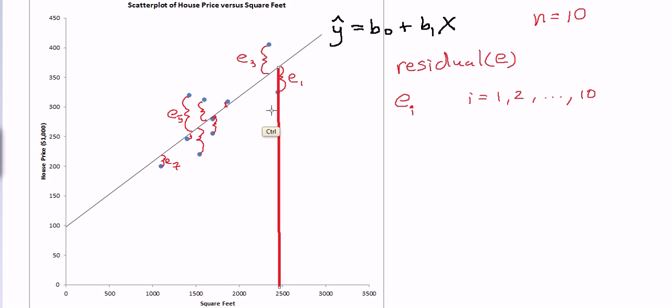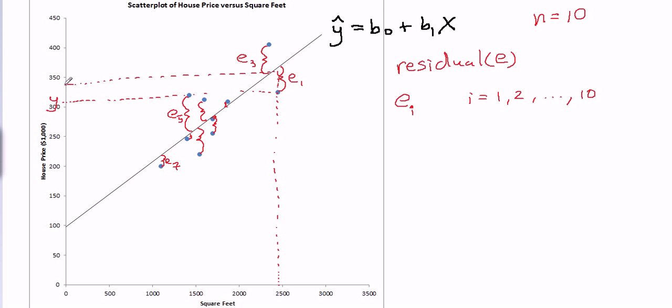I'm going to go up till I hit this point, and then I'm going to go over, straight of course, till I hit the y-axis. And this value here is y. That's the actual value for that point. If I continued up higher, I would hit the line, and then I would go over.